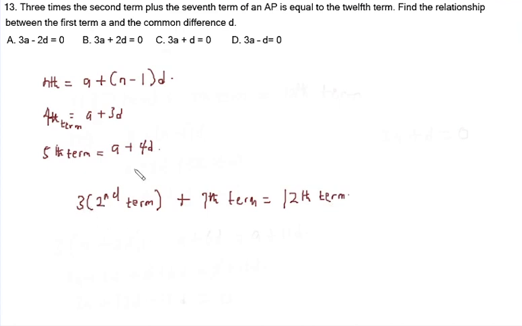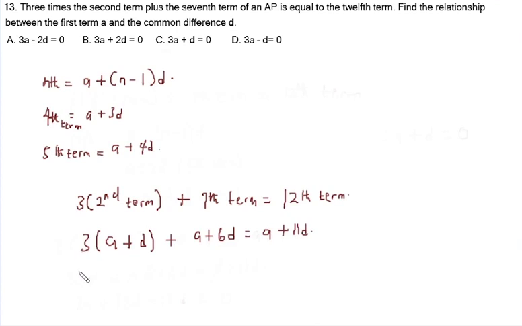If we take the same idea and apply it to this, we have 3 open brackets. The second term of an arithmetic progression is a plus d, plus the 7th term is a plus 6d. The 12th term is a plus 11d.